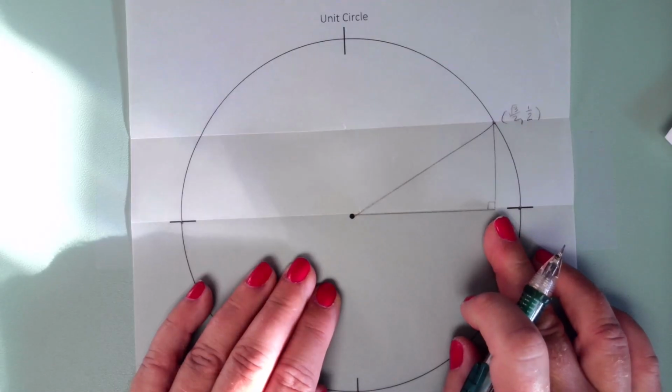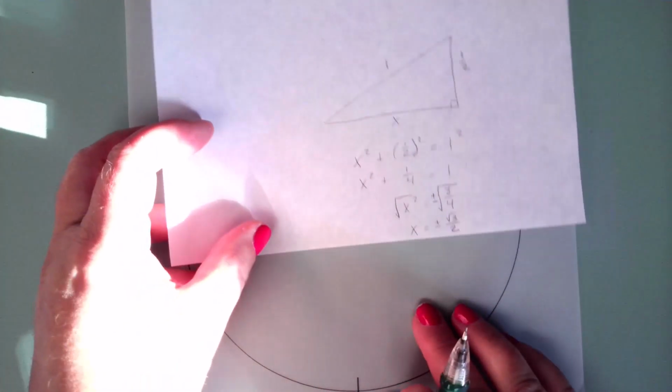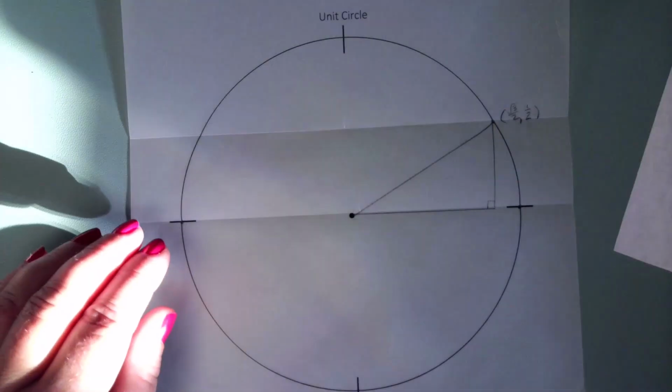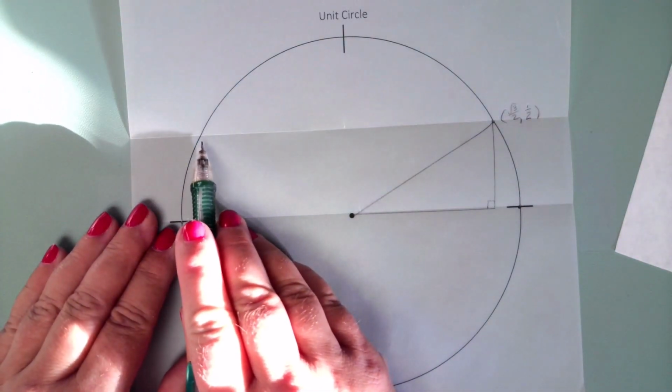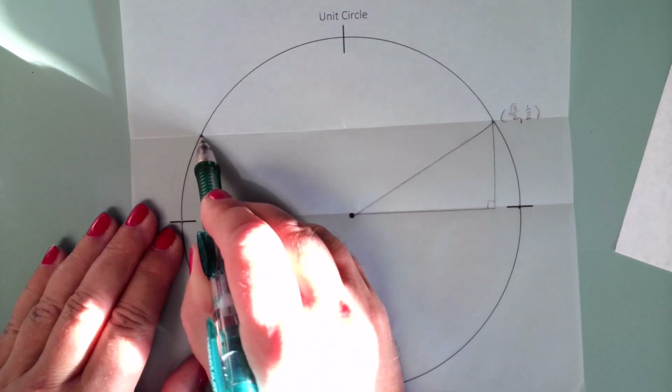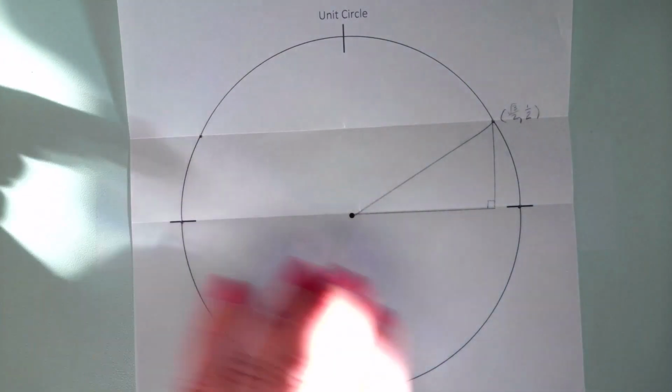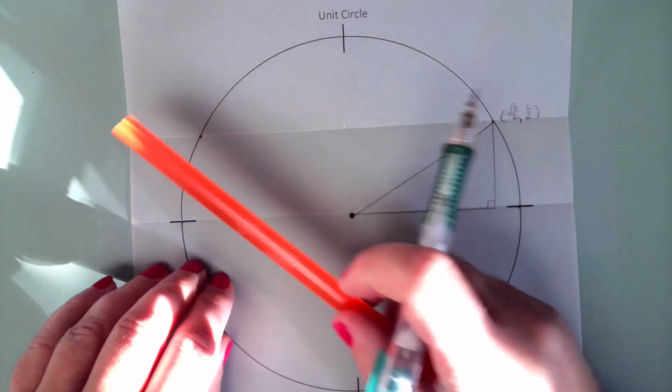Now the negative square root 3 over 2 occurs over here, where I've got another intersection point with the circle.